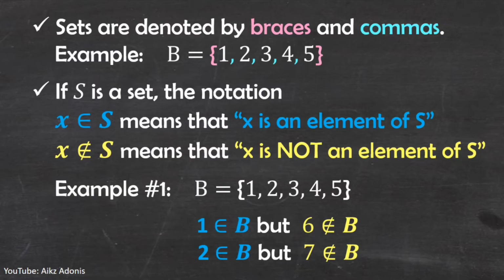For example again, in set B, 1 is an element of B because 1 is in B, while 6 is not an element of B because 6 is not in B. Another, 2 is an element of B but 7 is not an element of B. In other words, the elements of B are only the numbers 1 to 5 and the other numbers are not elements of B.